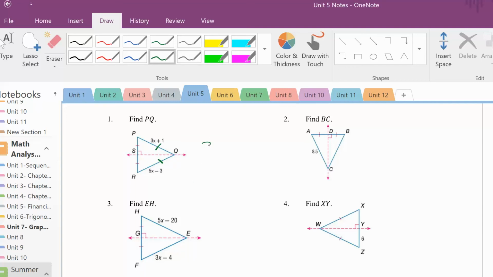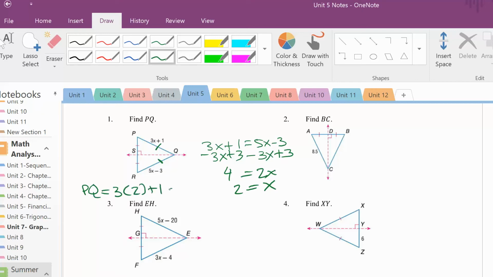So therefore, 3x plus 1 is equal to 5x minus 3. And then that gives you 2x equals 4, so x equals 2, and it wants you to find PQ, so PQ would be equal to 3 times 2 plus 1, which is 7.